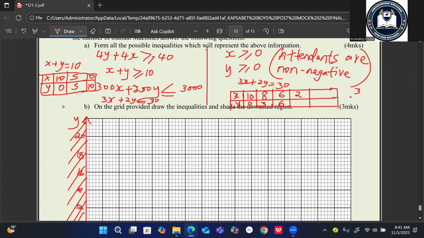So 2y is equal to 24. So it will be 12. Then lastly, when our x is 4, 2y will be equal to 30 minus 12, which is 18. So it will be y is equal to 9. So we can plot the points.